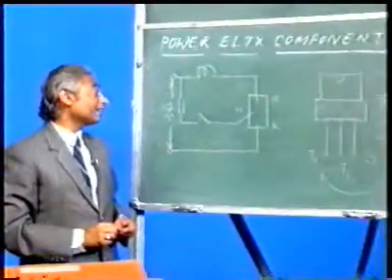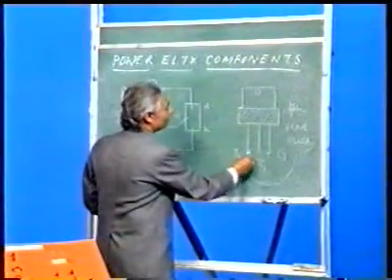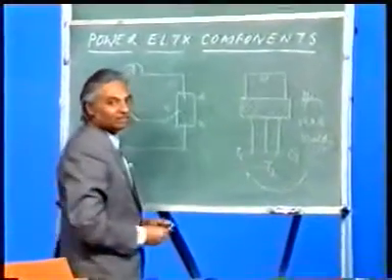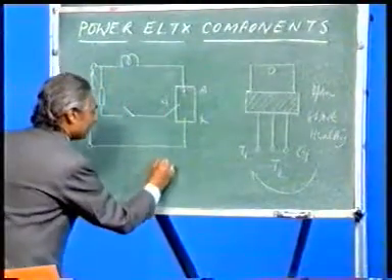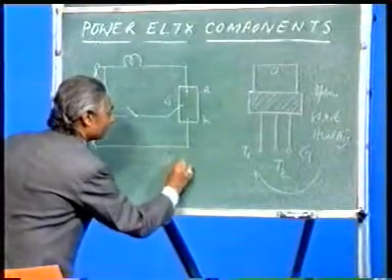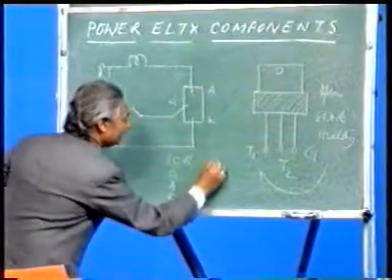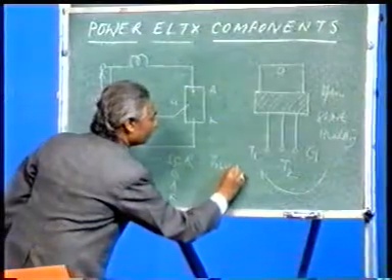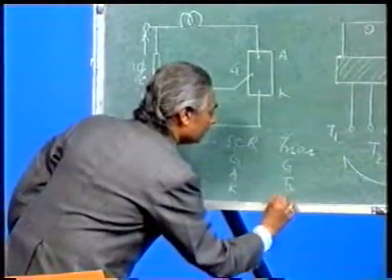Now what will you check? You have to check the resistance between G and T1. If I compare it with SCR, SCR has terminals G, A, K. In case of a triac, the terminals are G, T2 and T1.